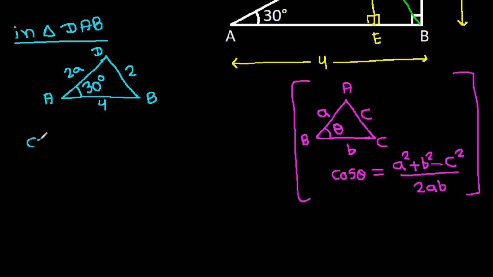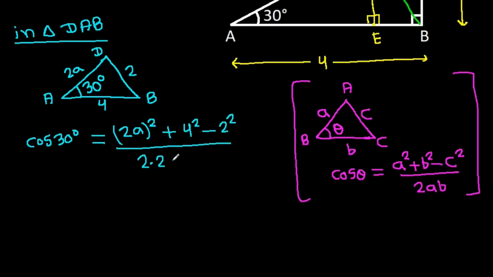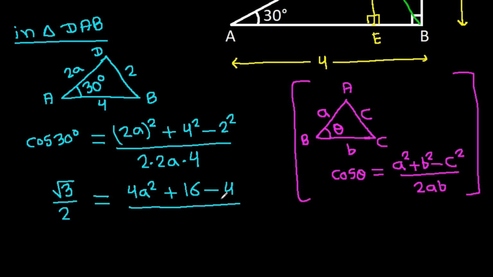So here cos 30 degrees will be ((2a) square plus 4 square minus 2 square) by (2 times 2a times 4), and cos 30 degrees is square root of 3 by 2, it is equal to (4a square plus 16 minus 4) by (2 times 2a times 4), it will be 16a.